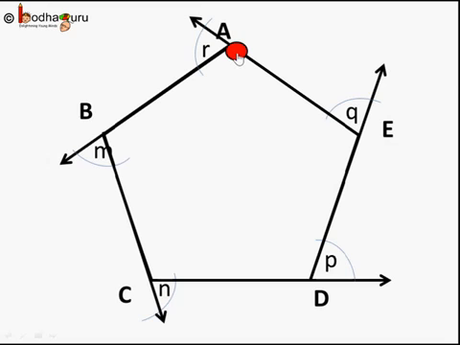And when I reach point A, I turn by an exterior angle R to start walking here till I reach the starting point where I started. So I walked on the boundary of this pentagon, and as you can see, I turned 5 times: by an exterior angle M to start walking here, by an angle N to walk on this side, by an angle P to walk on this side, by an angle Q to walk on this side, and by an angle R to come till here.